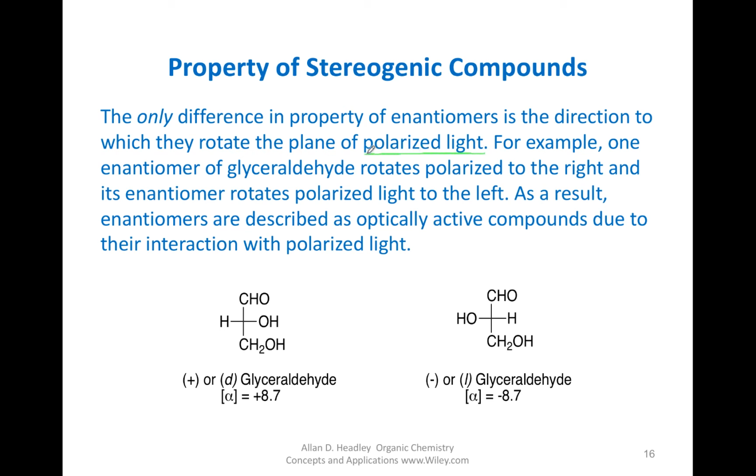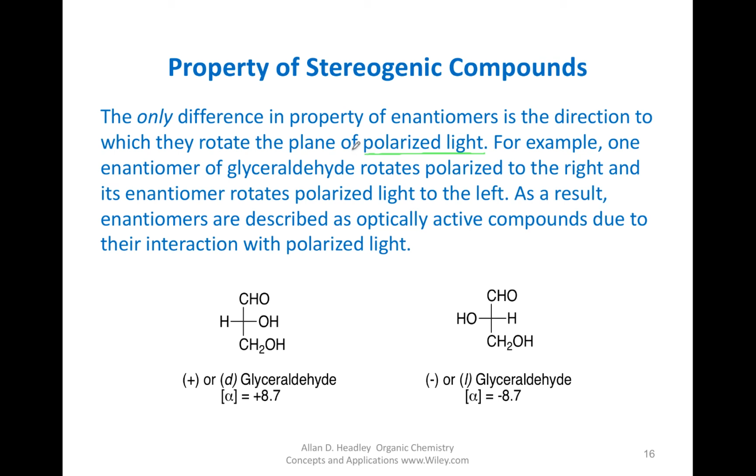Polarized light is light in which the waves vibrate in one plane. Okay, so all the other planes have been filtered out. So if you get a special filter, you can filter the planes of regular light, and you get polarized light, which is light vibrating in one plane.